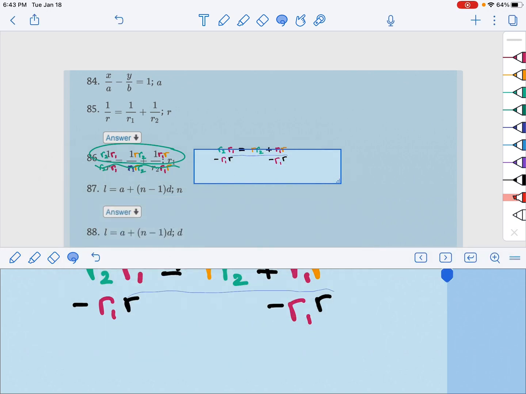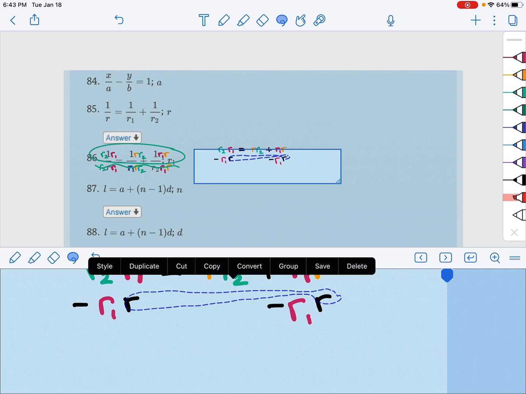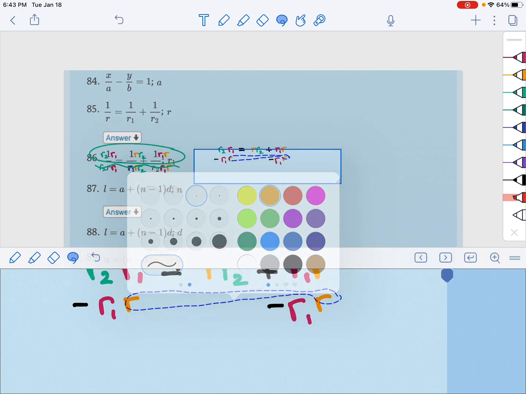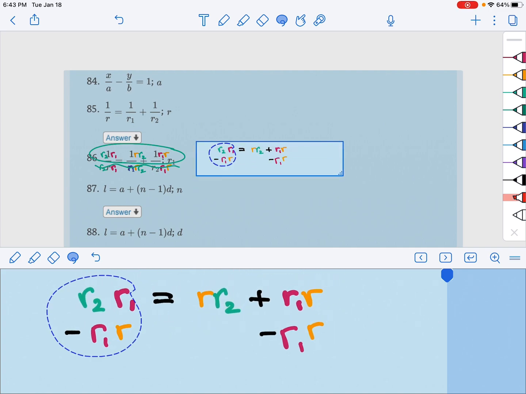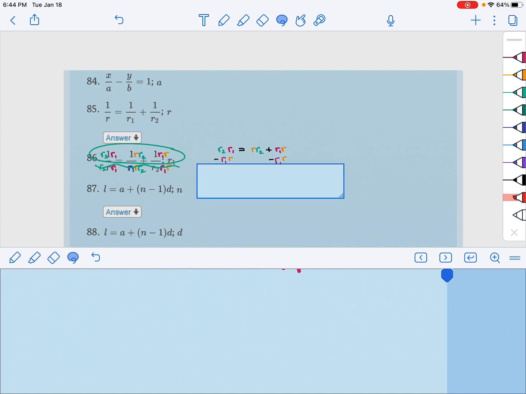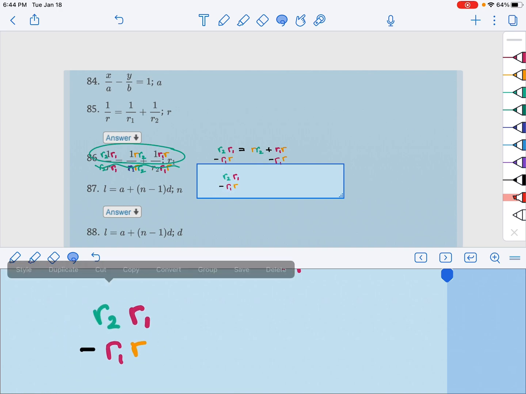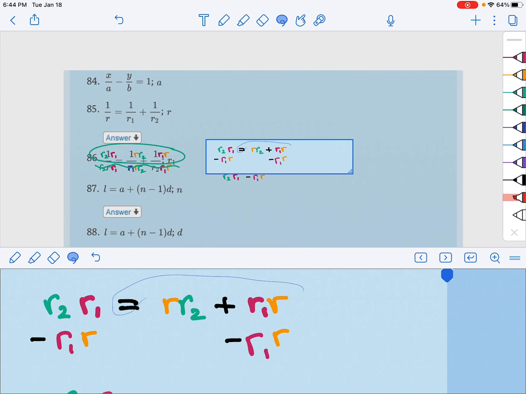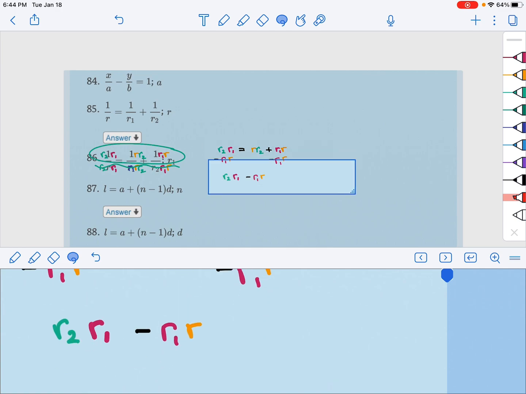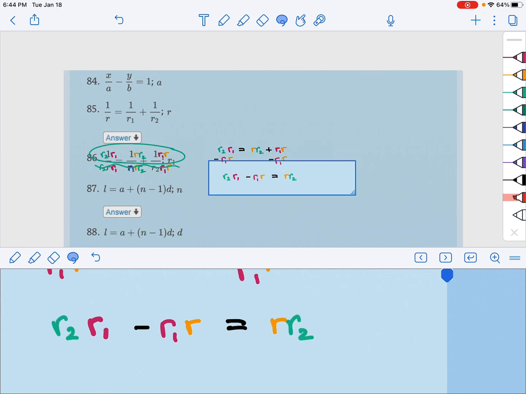Okay, so then I used orange for R. Let's try to keep consistent. Okay, so then I have these, like so. And it's going to equal this. And then we need to distribute, or excuse me, factor.